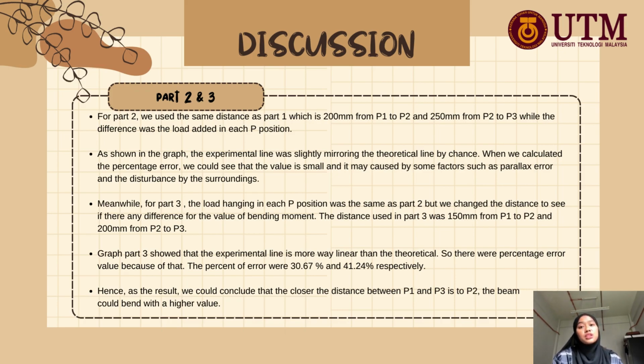The percentage errors, after we calculated them, were 30.67% and 41.24% respectively. Hence, we could conclude that the closer the distance between P1 and P3 is to P2, the beam could bend with a higher value.